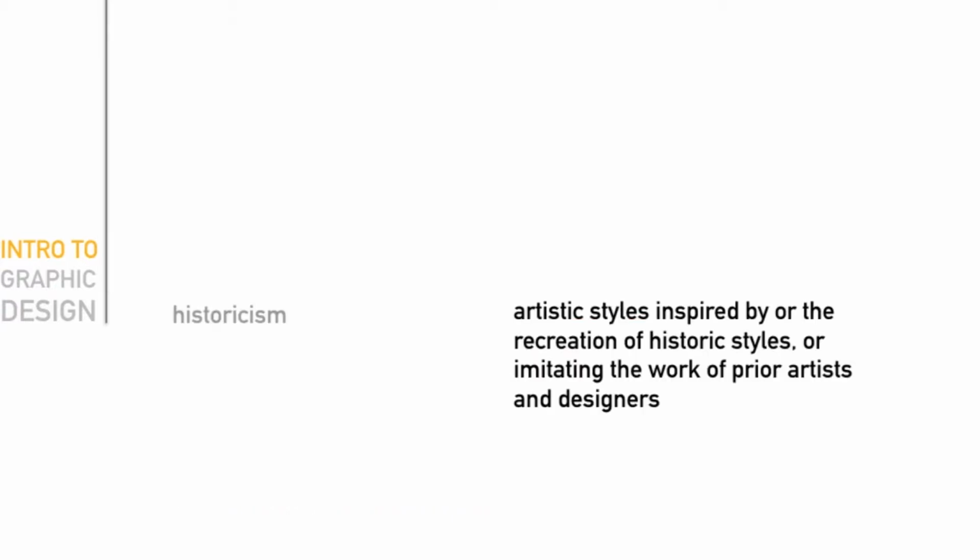The term historicism talks about using artistic styles directly drawn from history or imitating the work of prior artists and designers. So as Art Nouveau began and developed and spread, it drew increasingly on historic art and design.